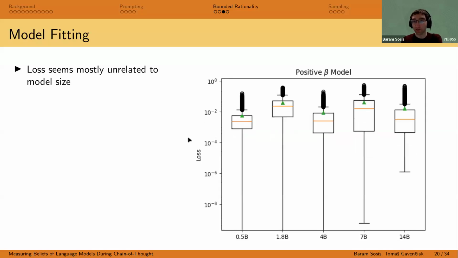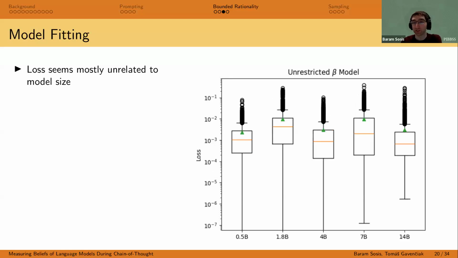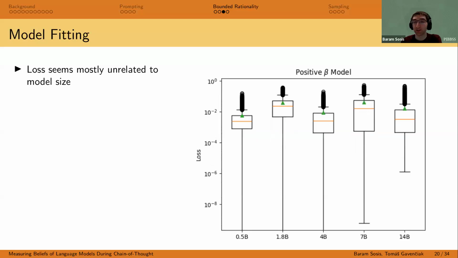I've also got the loss for the other version of the model with positive beta values. It still doesn't really show any clear trends. Technically, if you look at the correlations, one of these is positively correlated with model size, and the other is negatively correlated. You can try to guess which one is which. But I don't think there's much here. The correlations are very small with language model size.